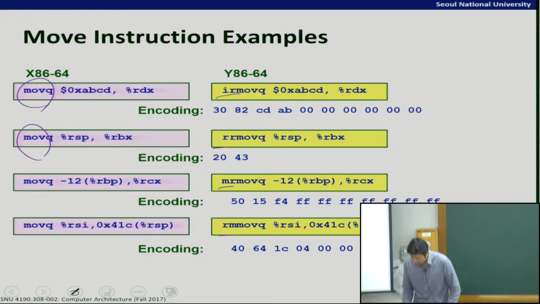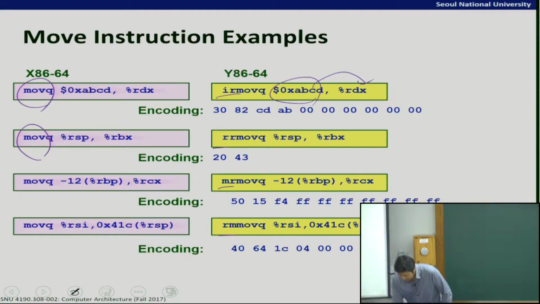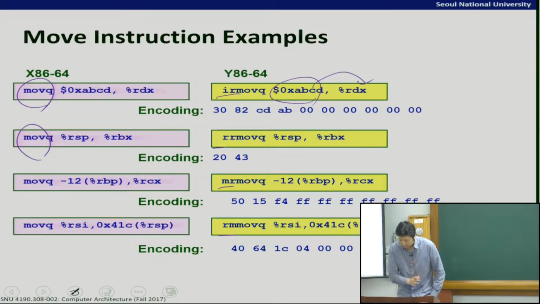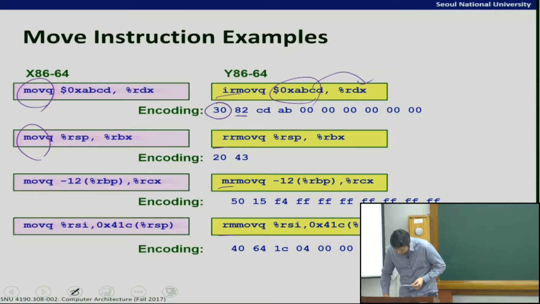So in IR move, we take a constant immediate value and store the result to the RDX register. And according to the previous slide, the IR move has an opcode of 30, and these two are the register specifier.